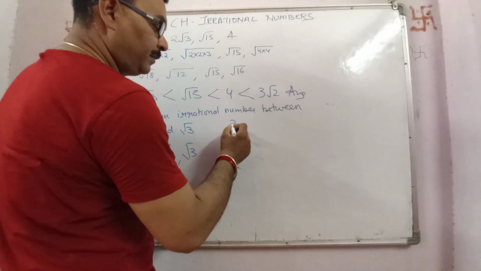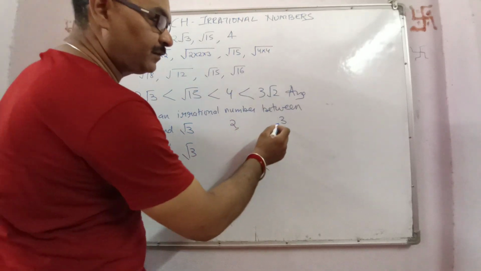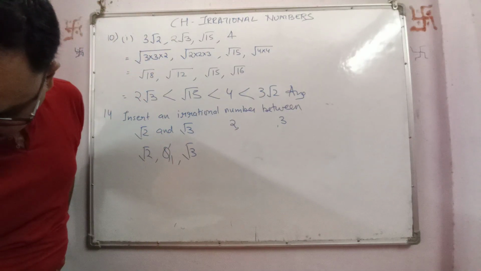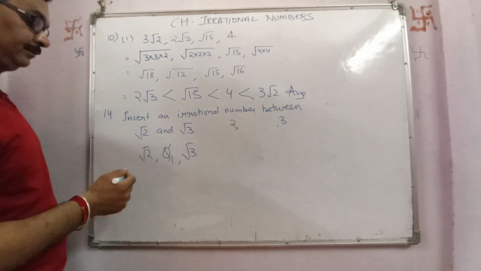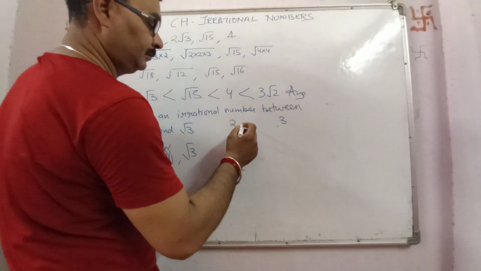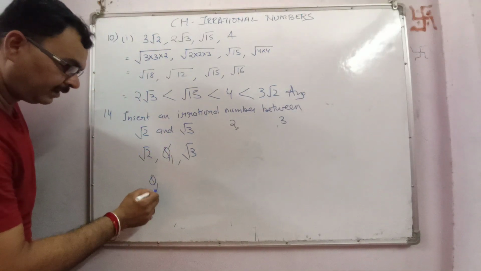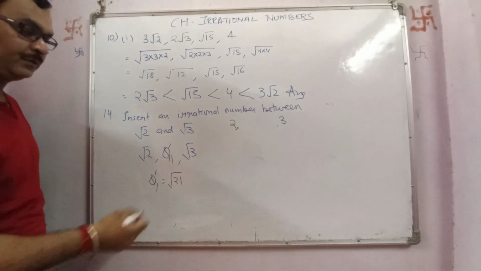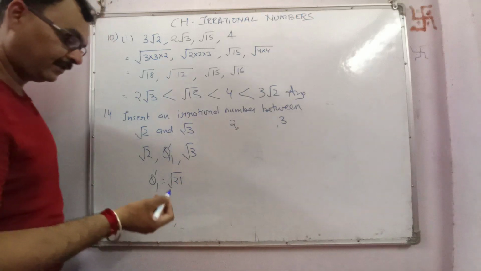Since we know that between 2 and 3 there are certain numbers, we have to write the irrational numbers. There can be many irrational numbers written. Say q1 dash is equal to under root 2.1, 2.2, 2.3, 2.4. So it can be written like that only.